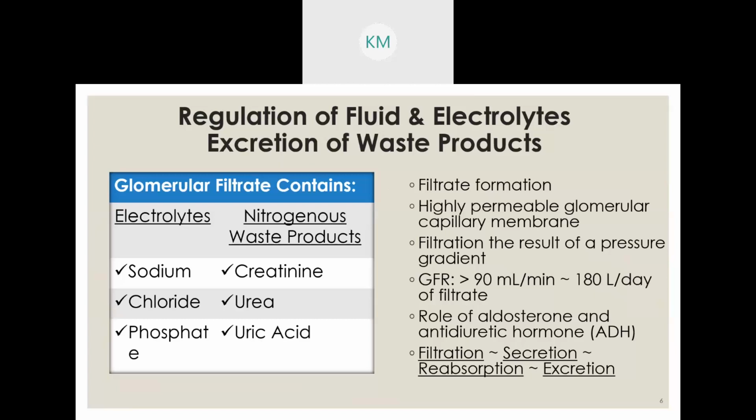It acts like a sieve, in other words, like sifting out the bad stuff, normally allowing substances that possess a certain molecular weight to cross over. The kidney filter is normally protein-free and contains certain electrolytes and nitrogen waste products, which are listed on the slide here.